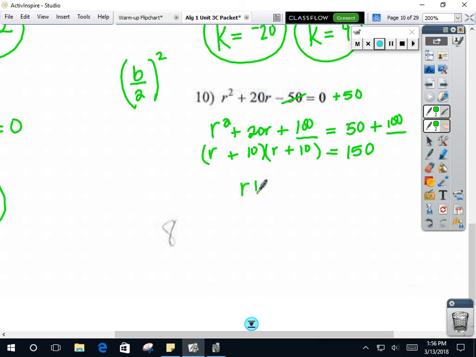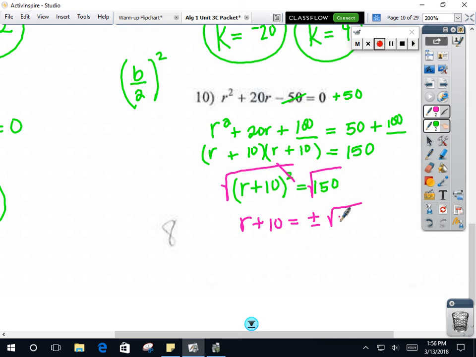Now r plus 10 is written twice, so I'm just going to write it once and square it. And now what will I do to solve for r and get it by itself? So r plus 10 equals plus or minus the square root of 150. And then what do I do? Minus 10, minus 10.